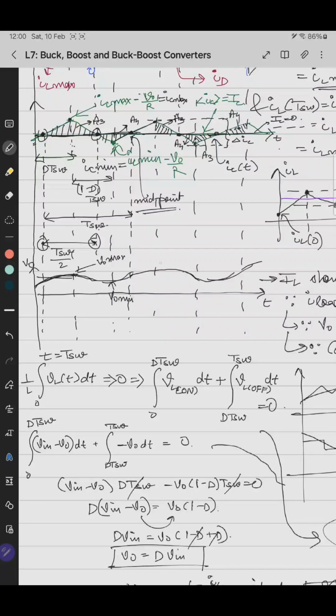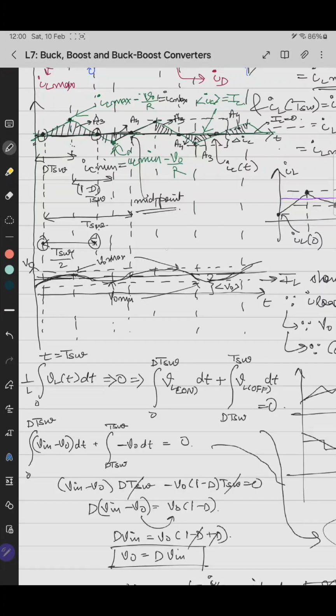Our assumption is that all the V0 max and all the V0 min should be constant. So between V0 max and V0 min, the waveform of the output voltage will vary, and this is the average value of V0. V0 max you can easily find.